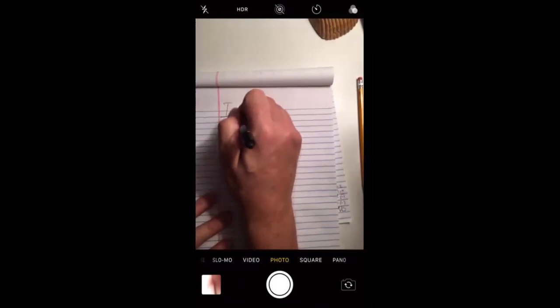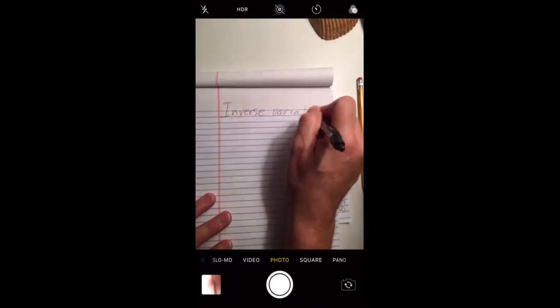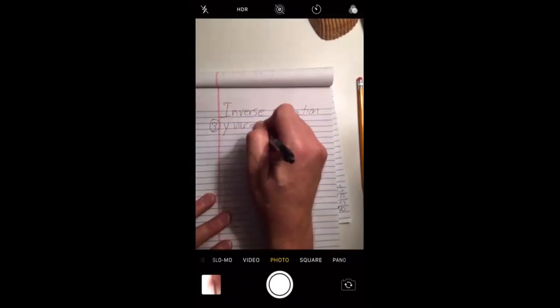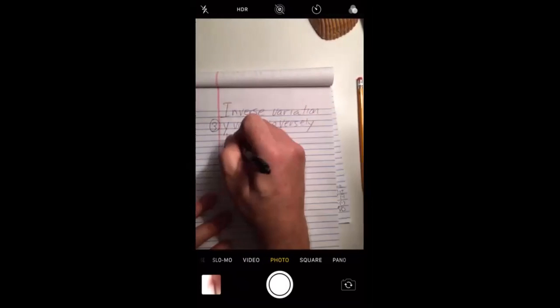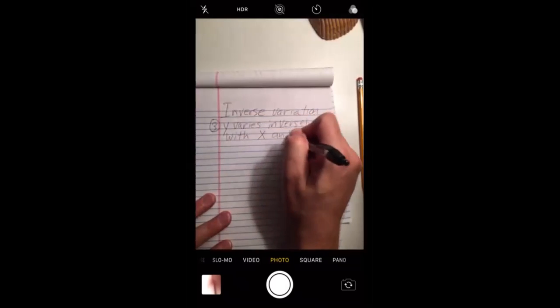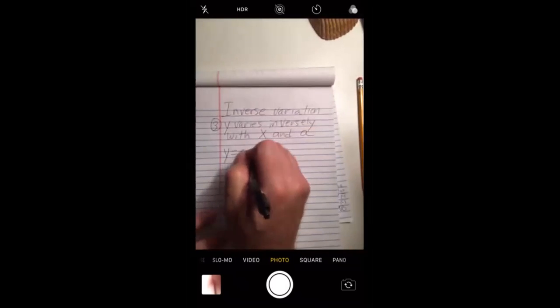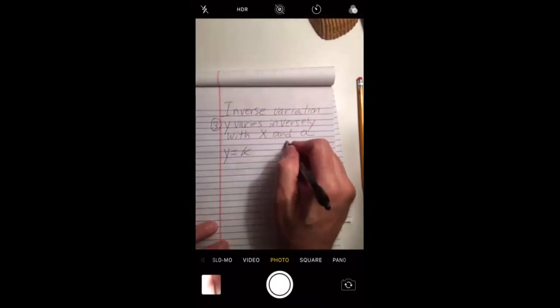The third kind is called inverse. Y varies inversely with X, let's say an A, X and an A. Y equals K. Inversely means they behave opposite.